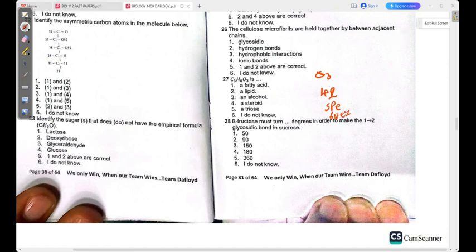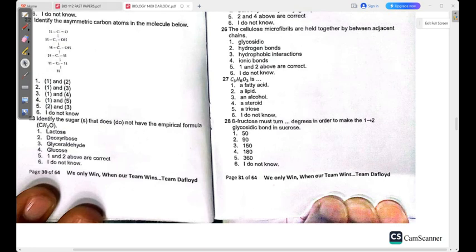So a triose is a carbohydrate which has 3 carbons. And you know that all sugars end in OSE. In biology, everything which ends in OSE, just like enzymes end in ASE, is a sugar. So the answer here is option 5.